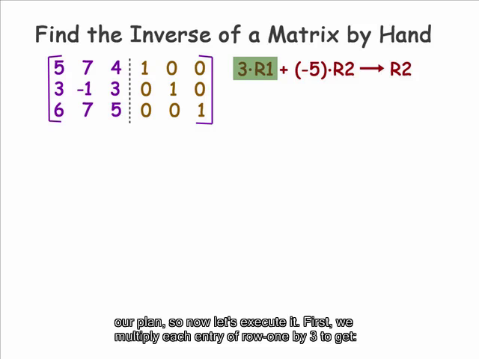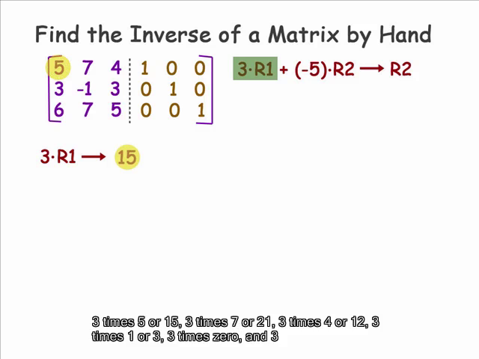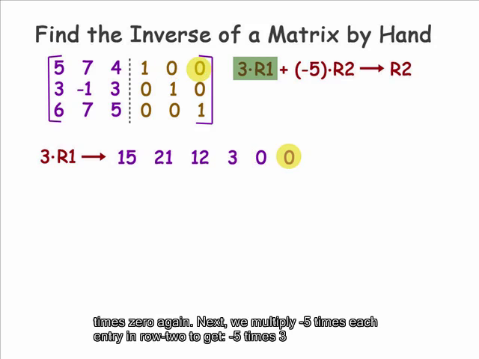First, we multiply each entry of row 1 by 3 to get 3 times 5, or 15, 3 times 7, or 21, 3 times 4, or 12, 3 times 1, or 3, 3 times 0, and 3 times 0 again.